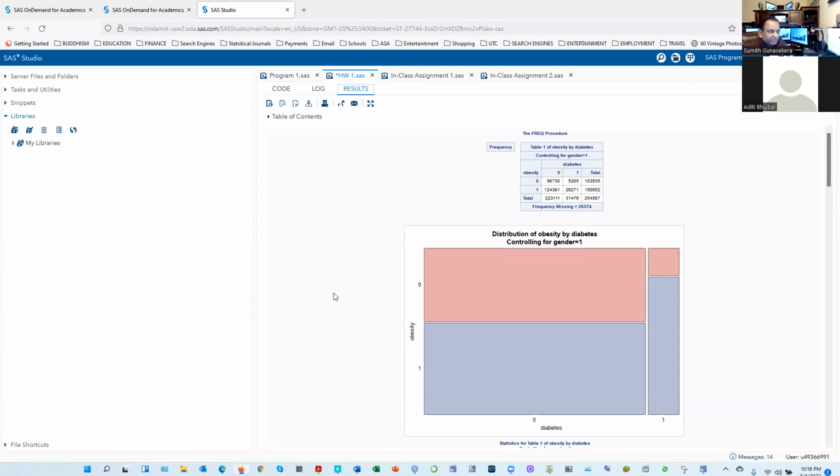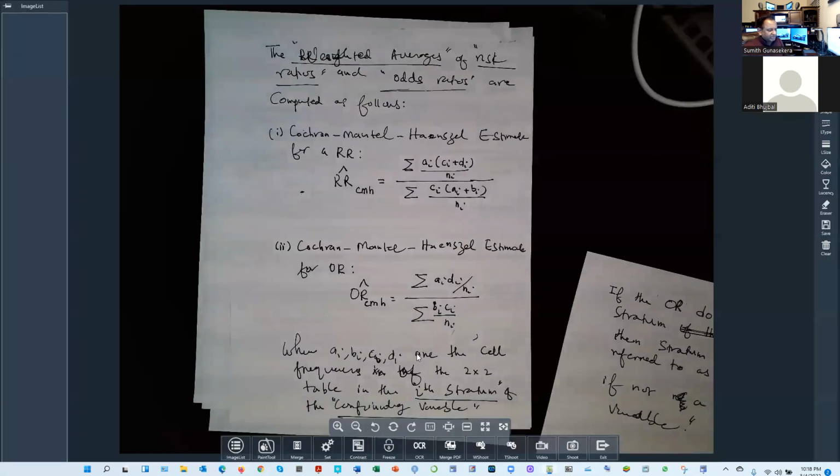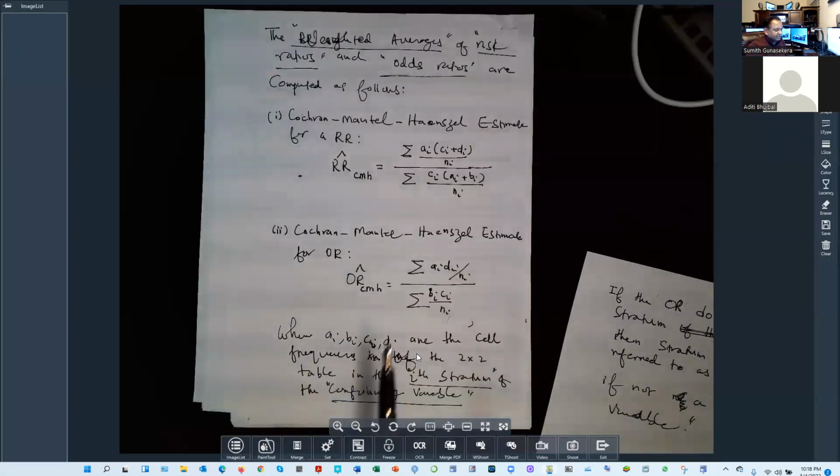I'm gonna show this one for the one that you really need for risk ratio. You really need this one, the bottom one. That's the one we are expecting, but I have presented both here. A1, D1 divided by N1. Ni means the corresponding totals.